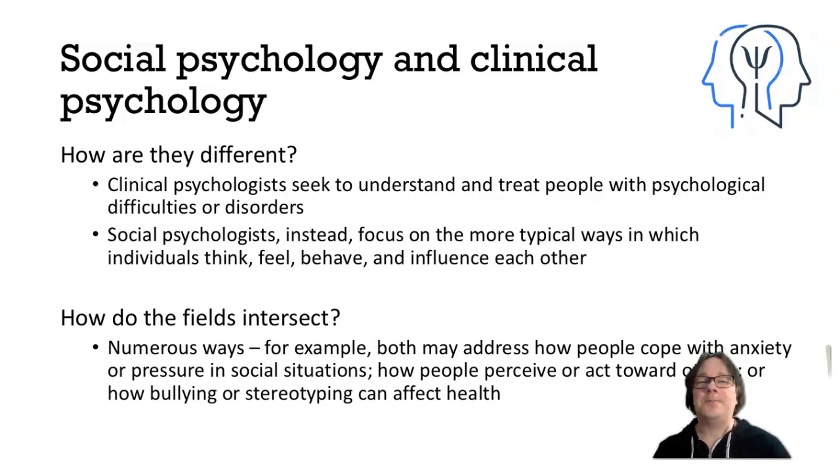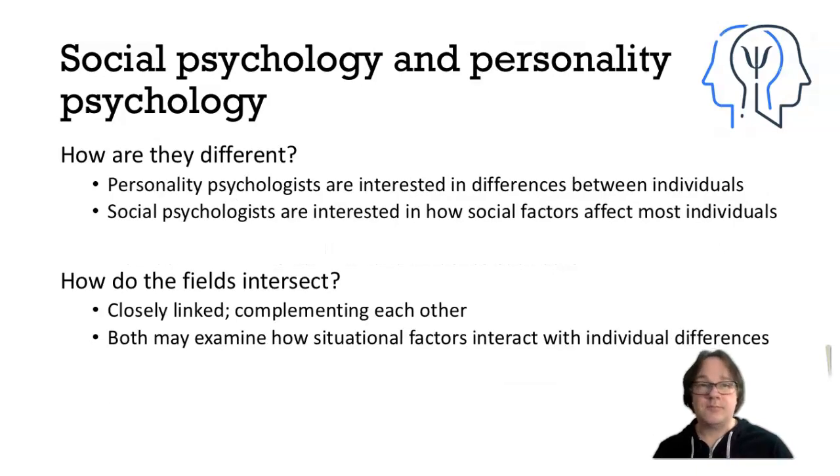And if you've been in therapy, or if you ever go into therapy, or if you ever want to conduct therapy as a profession, you'll notice that you spend a lot of time talking about relationships with people in these therapy sessions. So lots of overlap between those two fields.